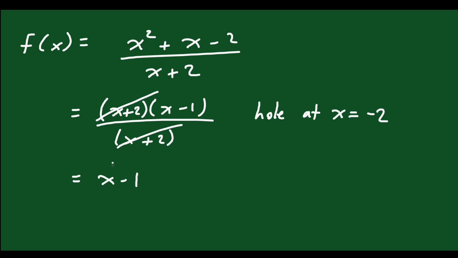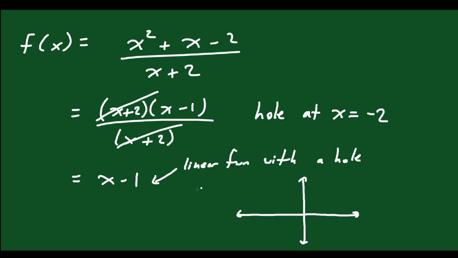But the remaining function we have left over, the x minus 1, is just a linear function, right? So what we have is a linear function with a hole. That's really what we have. It doesn't look like a curve like the other functions we've done. So if you go to graph this, all you're going to have is y equals x minus 1, which looks something like this. There's a y-intercept of -1.